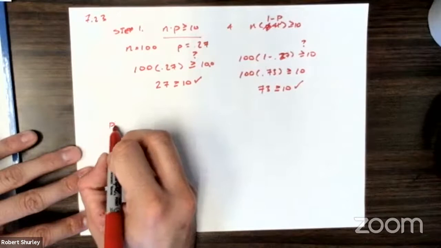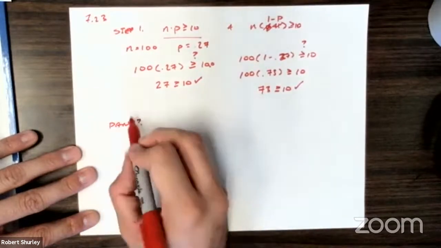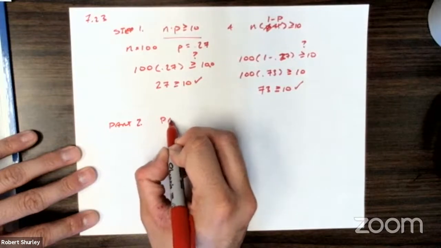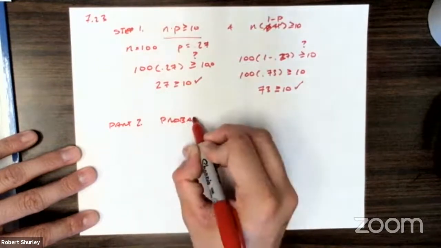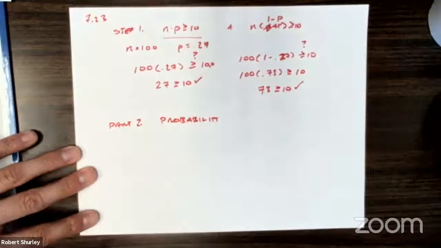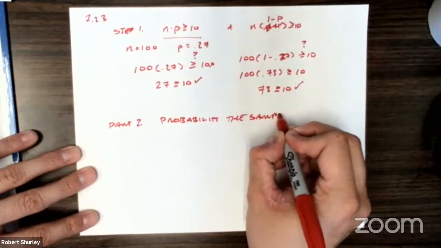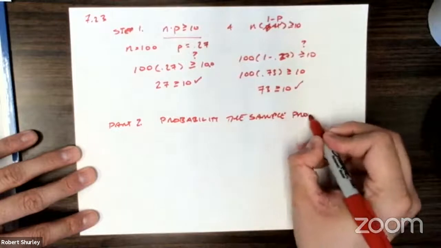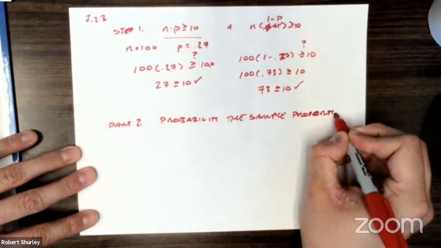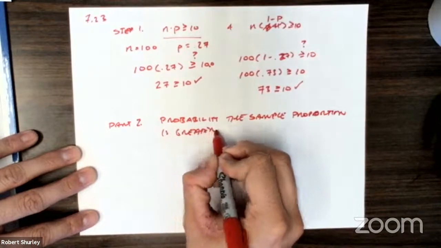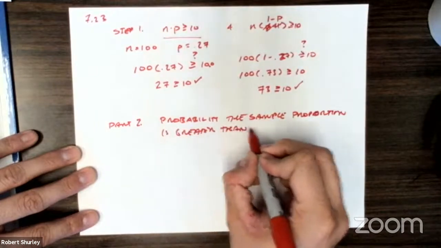So I'm going to say part 2, really. Probability of the sample proportion is greater than 0.3, right?